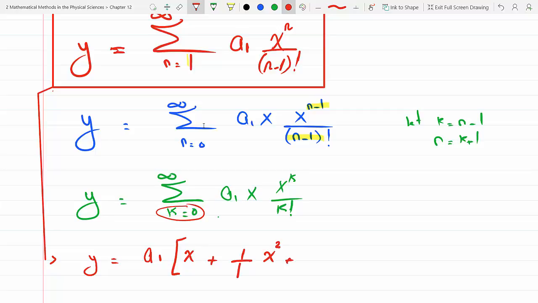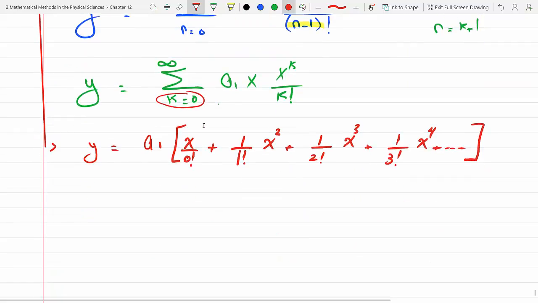And if n is 3, this is going to become 1 over 2 factorial x cubed, etc. So this is going to be 1 over 3 factorial x to the 4, etc. Okay, so this would be my solution. So this is just another way to write it.